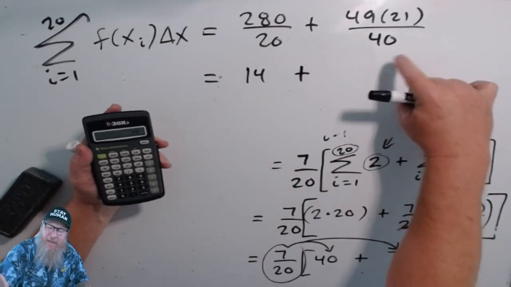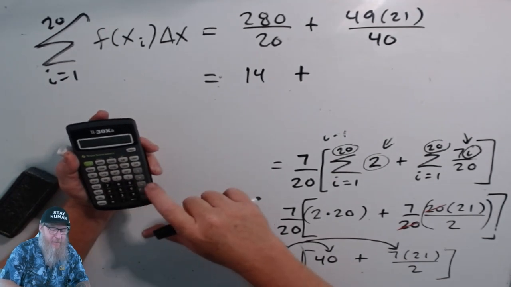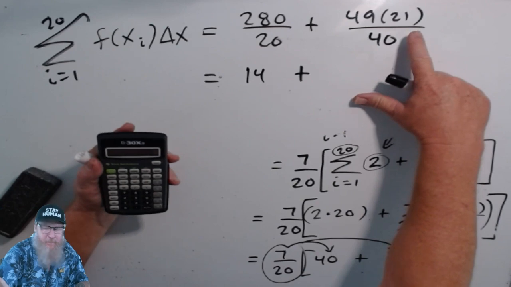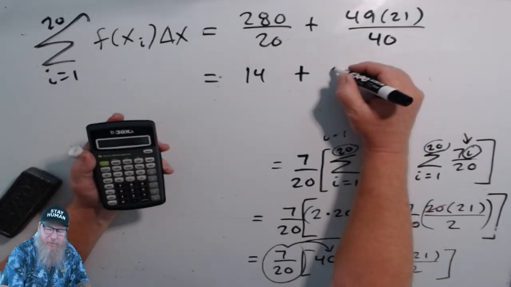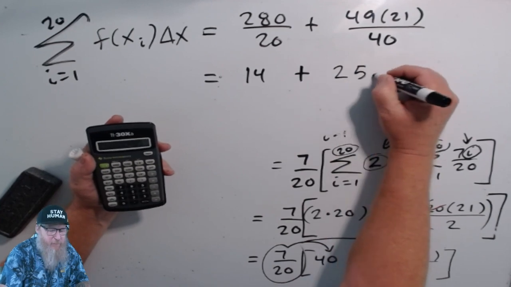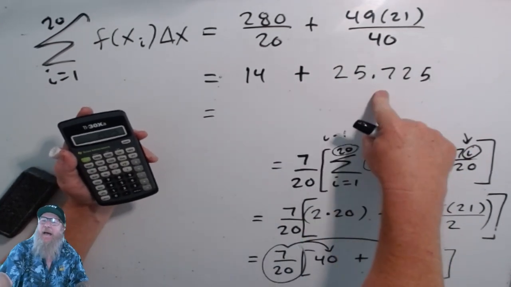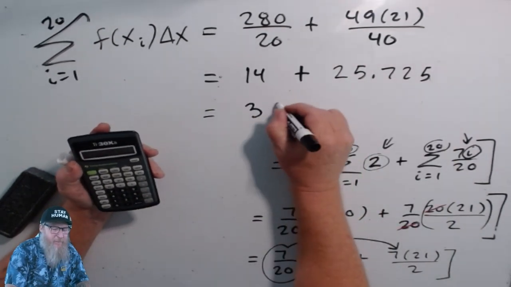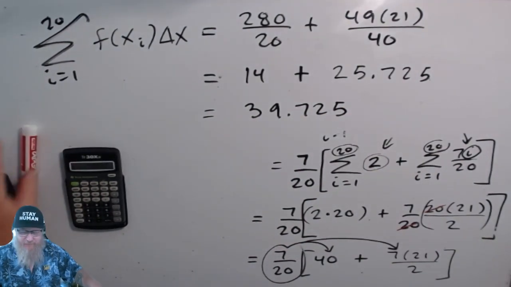Plus, this one I'm just going to go ahead and do it. So it's 49 times 21 divided by 40, which is 25.725. And now I add these together. 39.725.